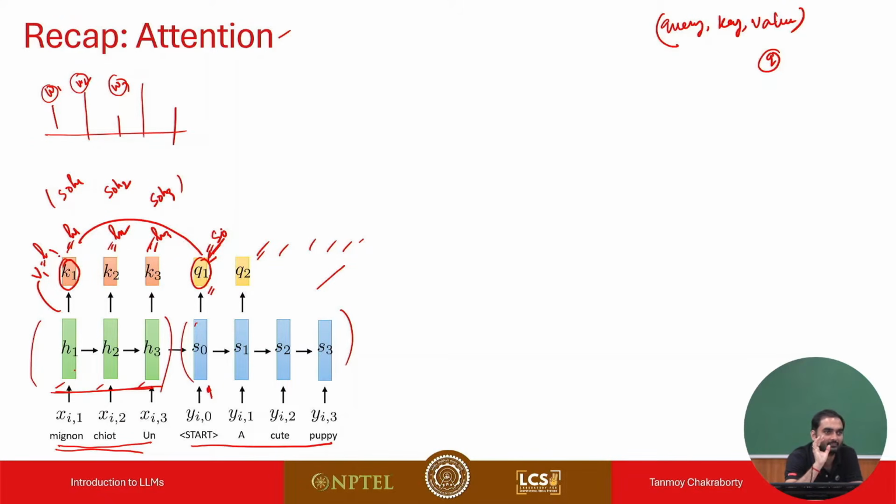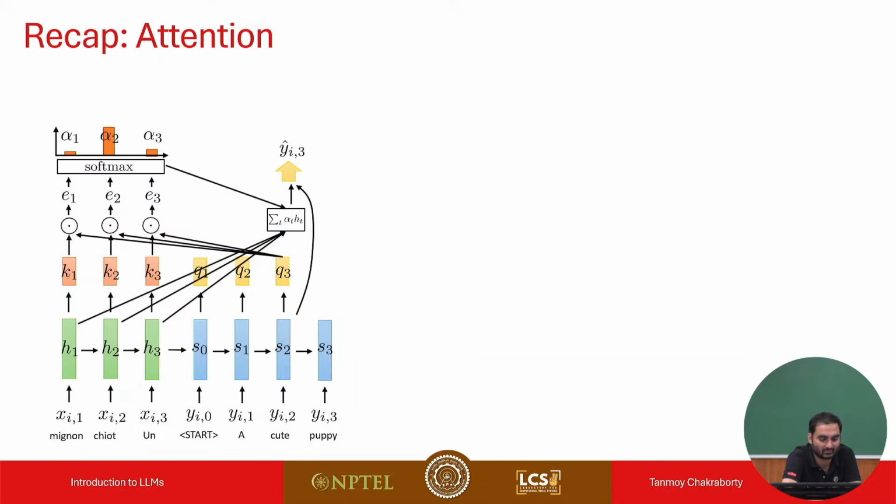Keys and values are the same in attention. So V1, V2, V3 are essentially H1, H2, H3 respectively. After these weights, we take the weighted average of all the values, meaning W1 V1 plus W2 V2 plus W3 V3. This will produce a vector, and this vector is called the attention vector. So this is the vanilla attention mechanism.